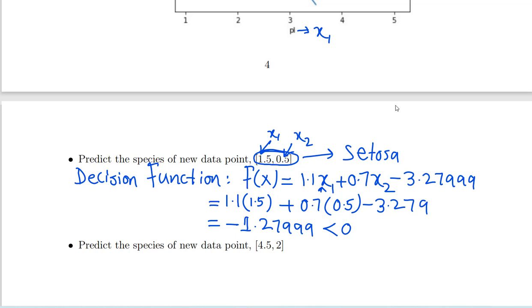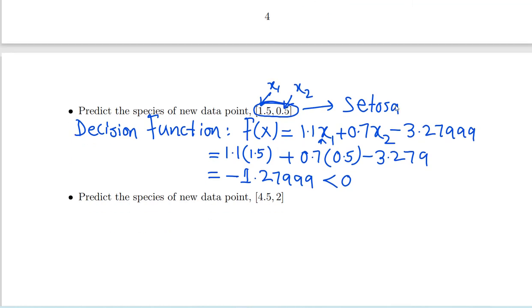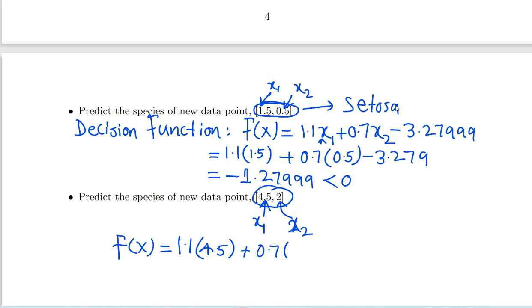Okay. We do the same thing for another data point with petal length 4.5, which is x1, and petal width 2 centimeter, which is x2. The value of the decision function is 1.1 times x1, which is 4.5, plus 0.7 times x2, which is 2, minus 3.27999.